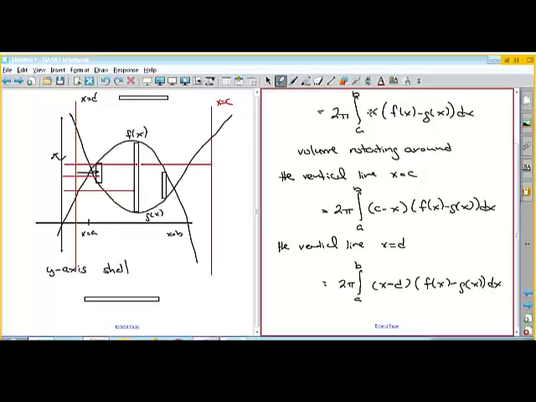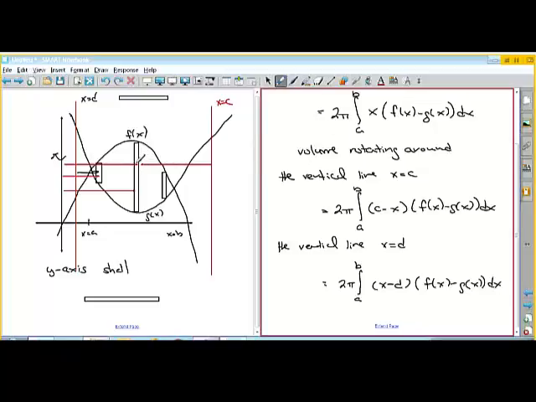Anyway, those are the kind of the options. If it's a vertical axis where the vertical axis is the y-axis, then you just use x. If the vertical axis is to the right of the area, then you use that x value minus c. If it was between the y-axis and this area, then you would do the other way around.